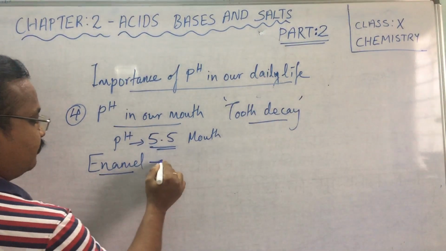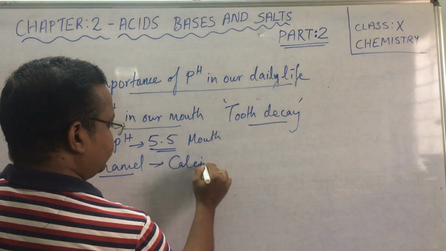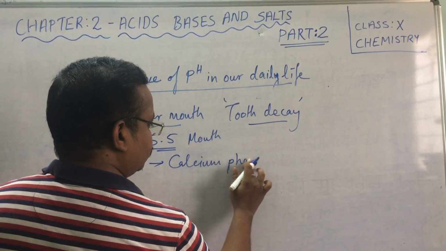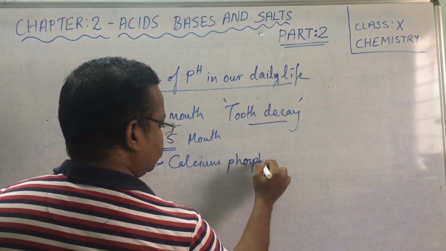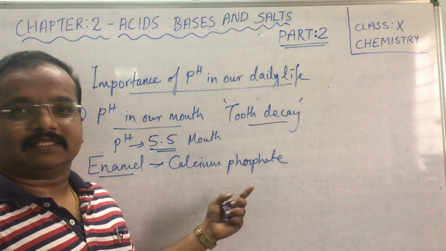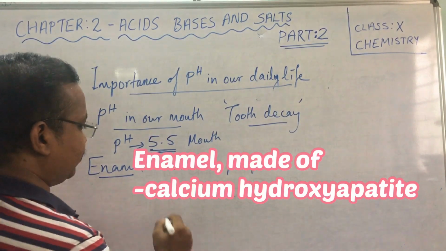Enamel is made up of calcium phosphate, or we normally say calcium hydroxyapatite.